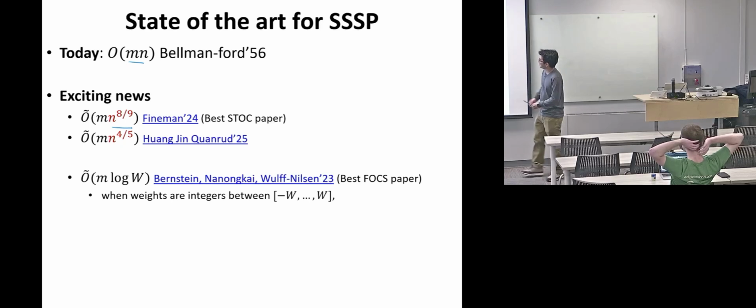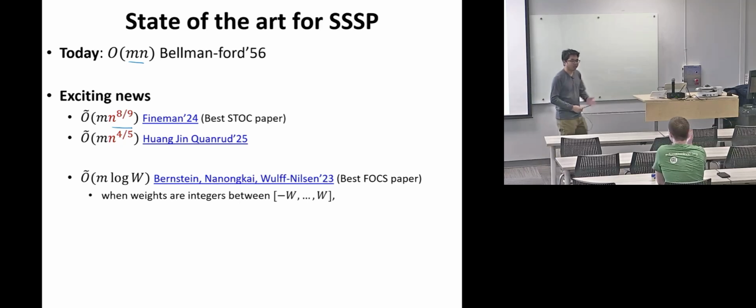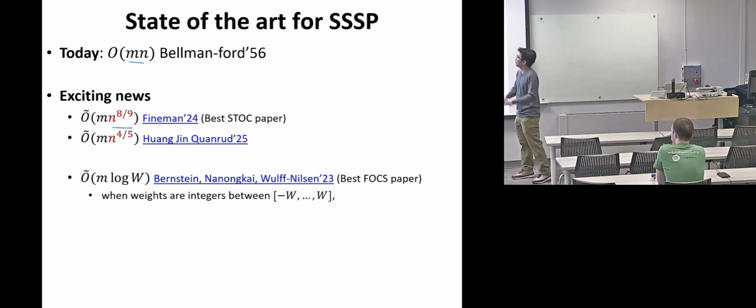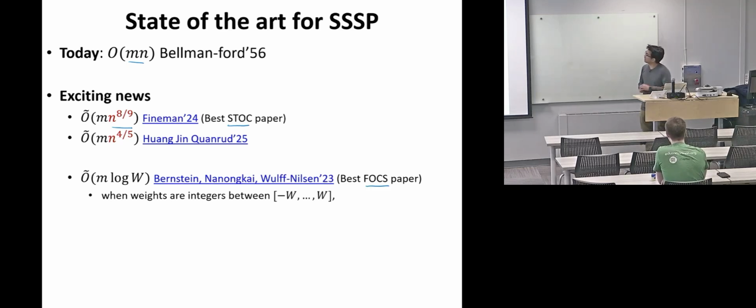Okay, and this is actually even before this work, and the ideas are completely different. Sorry, what's the STOC paper or FOCS? What does that mean? Best STOC paper. Oh, STOC is the name of the conference. STOC is a Symposium on Theory of Computing, and this is the foundation of CS.